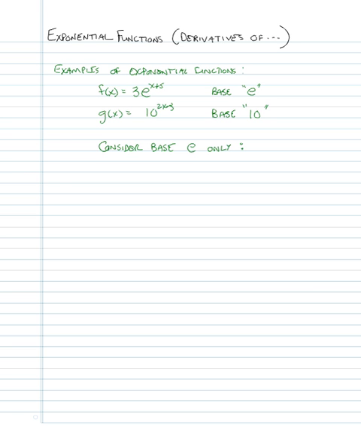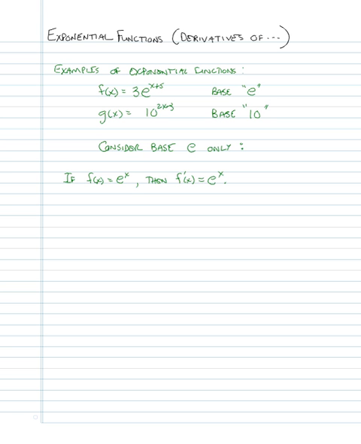So we need to know how to find derivatives. Here's the first thing: if f of x is equal to e to the x, then the derivative, that is f prime of x, and this is very strange, is also just e to the x. That's a very strange situation, of course.